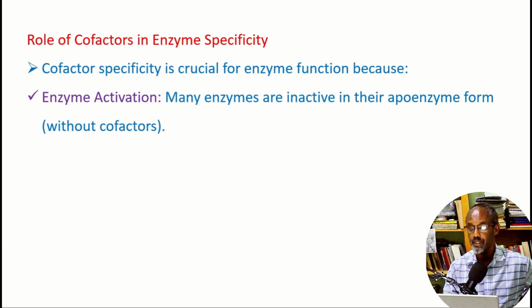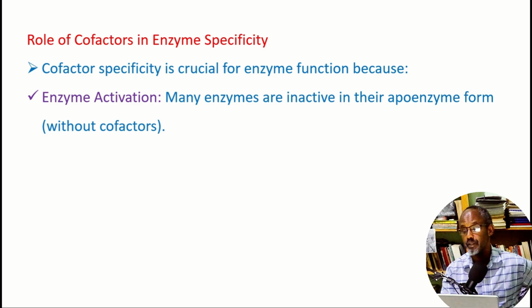The other group have protein parts, which is known as apoenzyme, and non-protein parts, which is known as cofactor. These enzymes, which contain non-protein parts and protein parts, are known as conjugated enzymes. They are also known as holoenzymes.